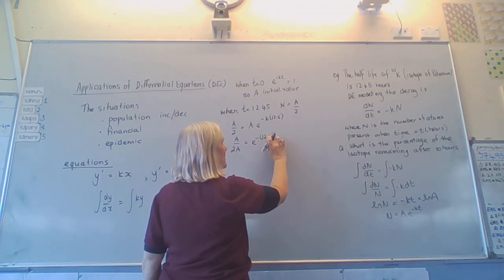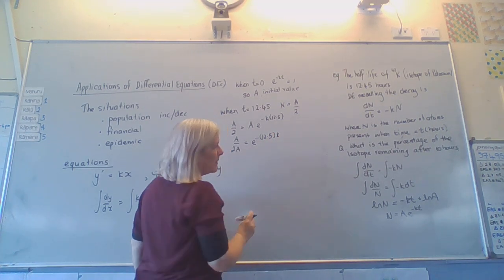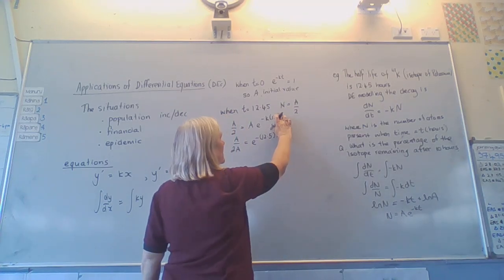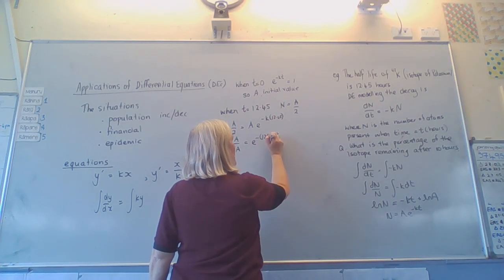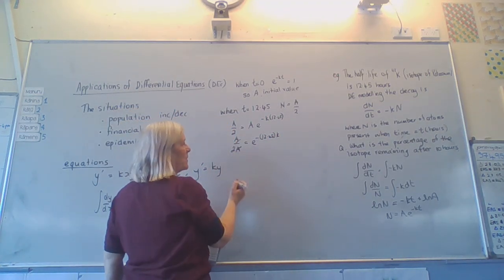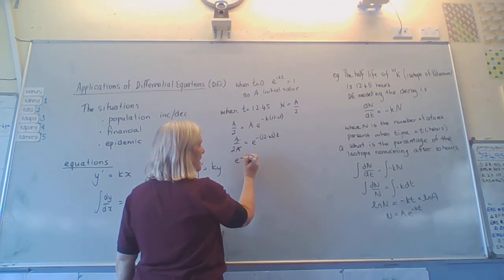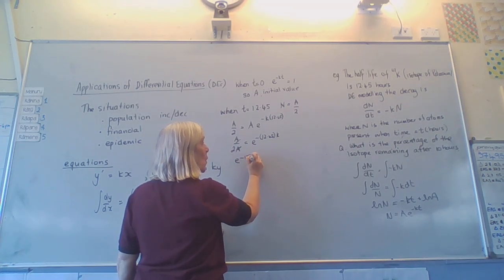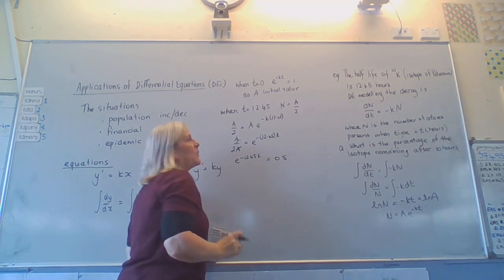Oh, that's not 5. 12.45. Okay. So that means the A's cancel. So now we've only got one unknown here, and that is that e to the negative 12.45K equals a half. How do we get to there?